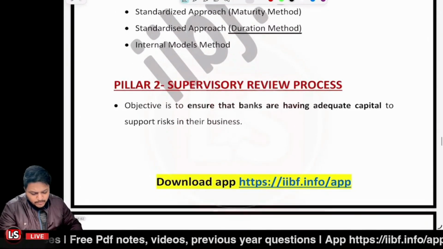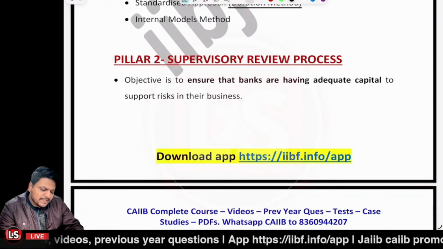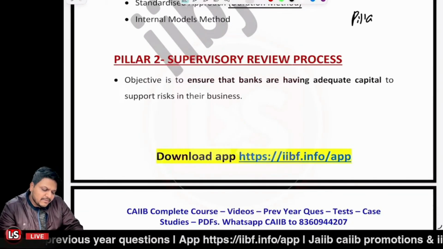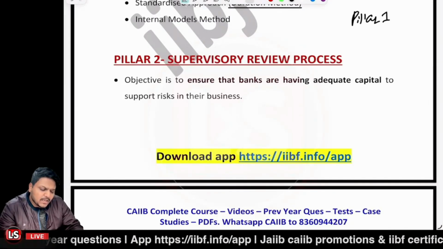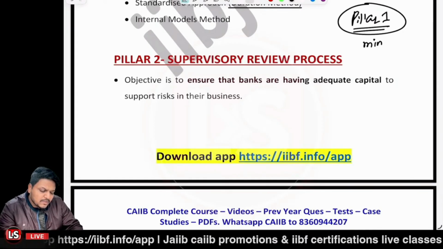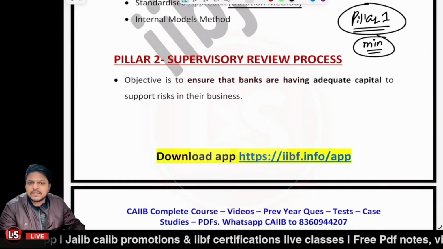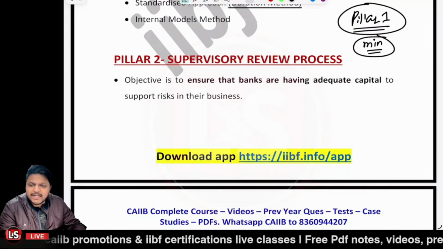Now let's move to the second pillar, that is the supervisory review process. The main thing is that under pillar 1, we are dealing with the minimum capital requirement. The word you should focus upon is minimum. It's not about adequate. Why is it not adequate?